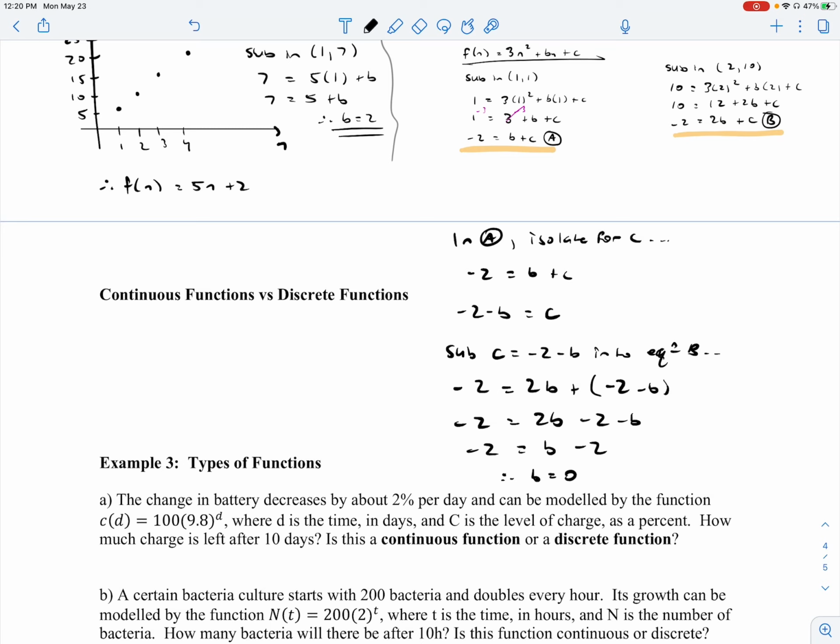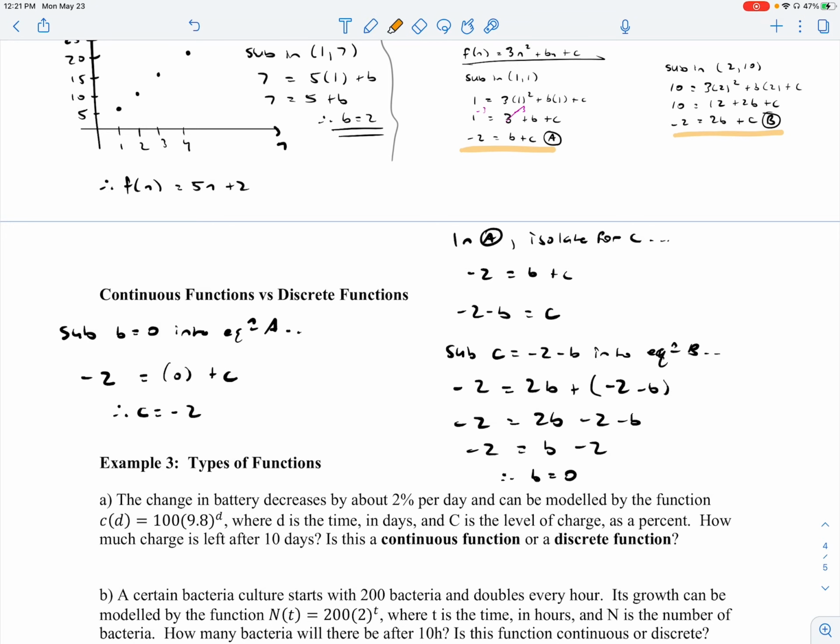So we can now sub B equals 0 into this equation up here. I plug in 0 for B, and I then know C. So into equation A. There's the bracket showing the substitution.